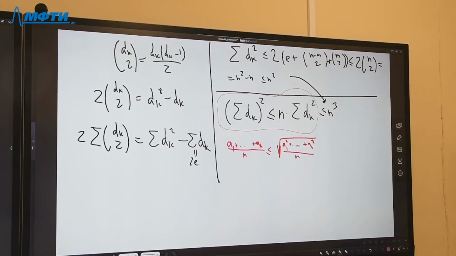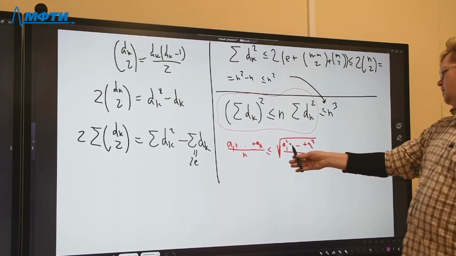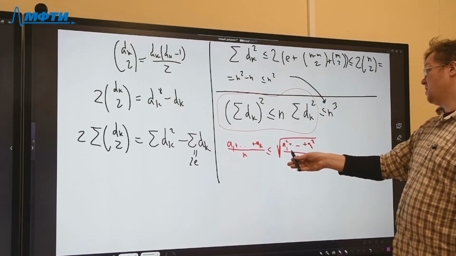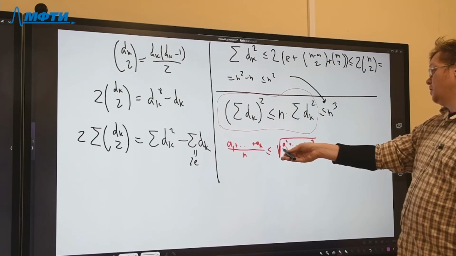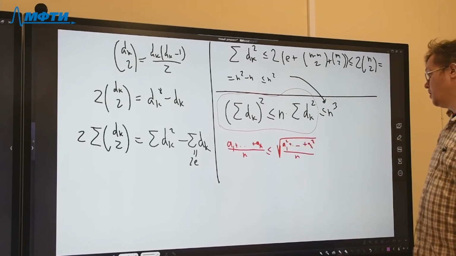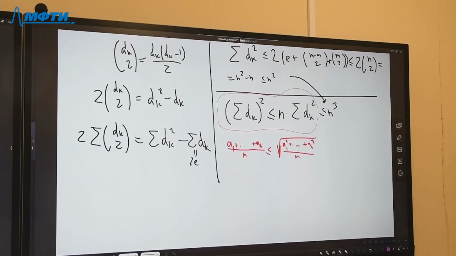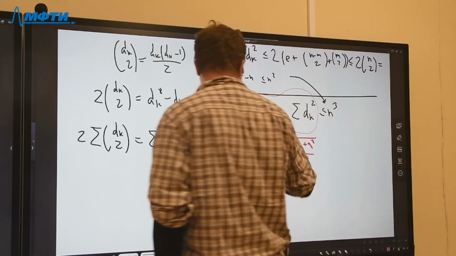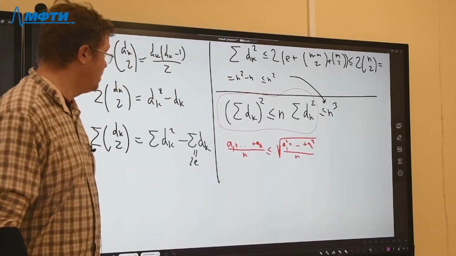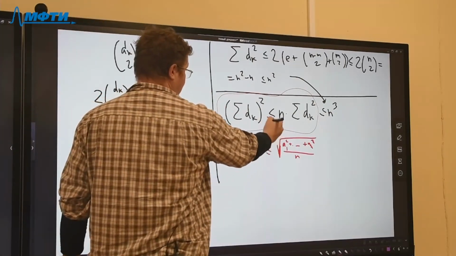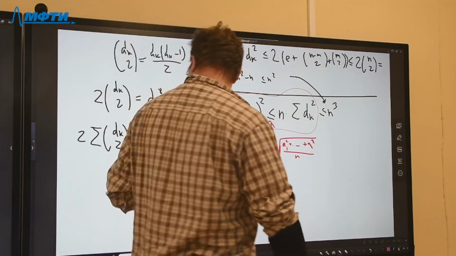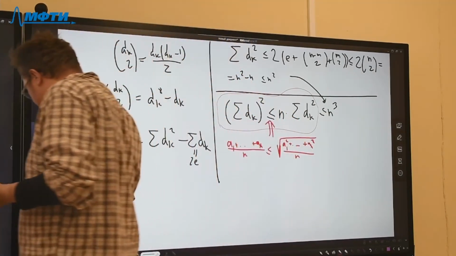This is the same, but we take the square of the first. If you take the square on both sides of the inequality, then we achieve this. Okay, so we proved it.